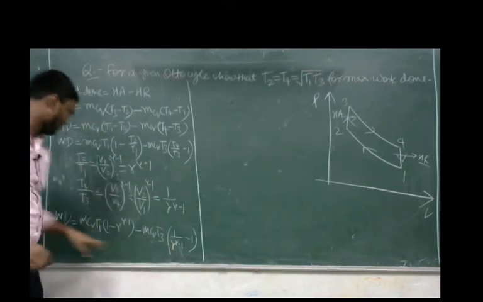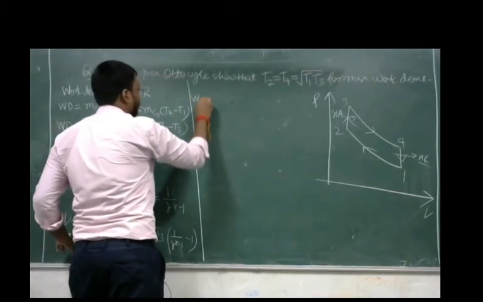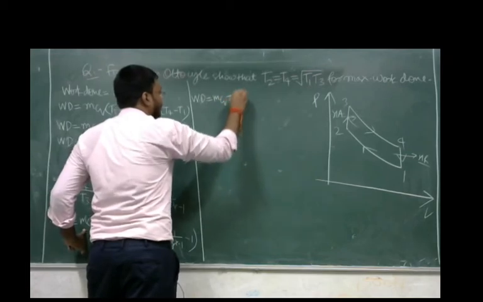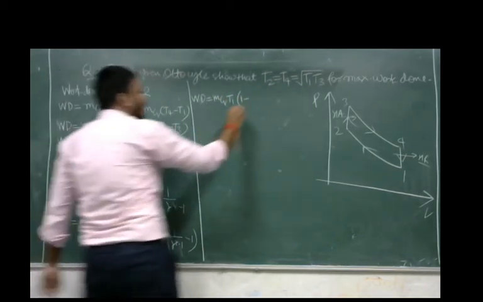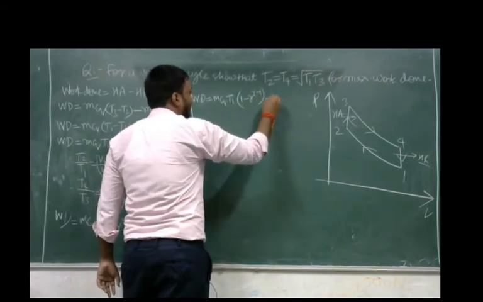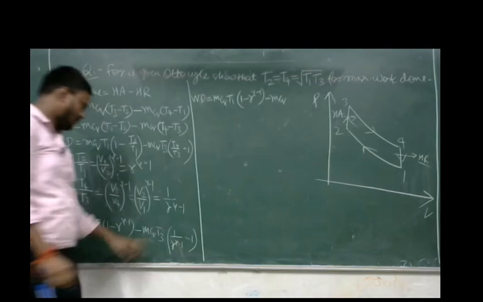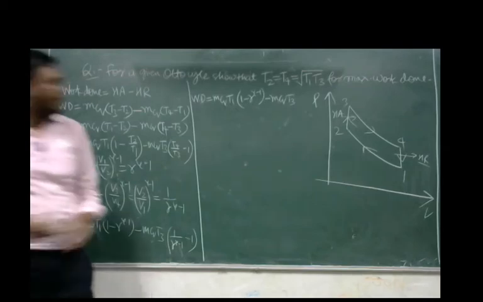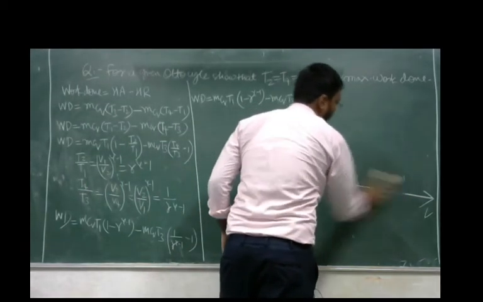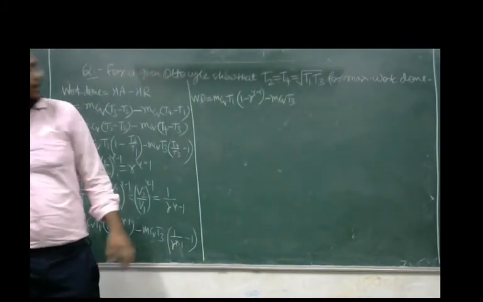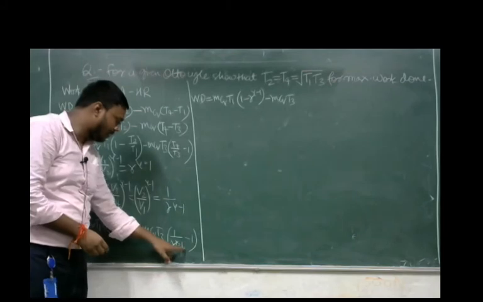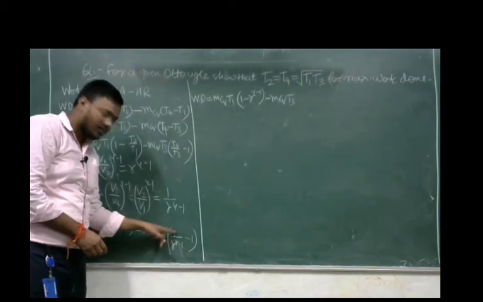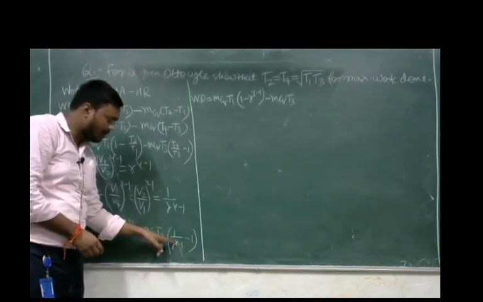Now this equation we can write as work done equal to mCv T1 (1 minus R to the power gamma minus 1) minus mCv T3, and this R to the power gamma minus 1 I am transferring up, so the power becomes negative.